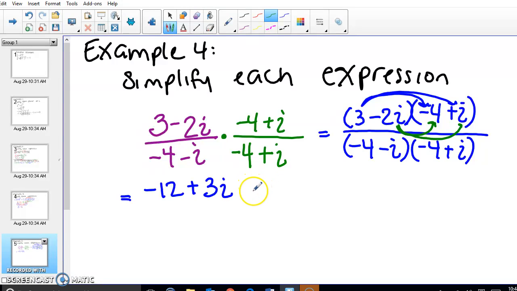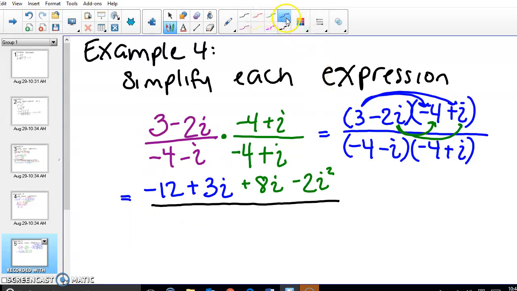So negative 2i times negative 4 is positive 8i, and negative 2i times i is negative 2i squared. So I'm going to do negative 4 times negative 4.